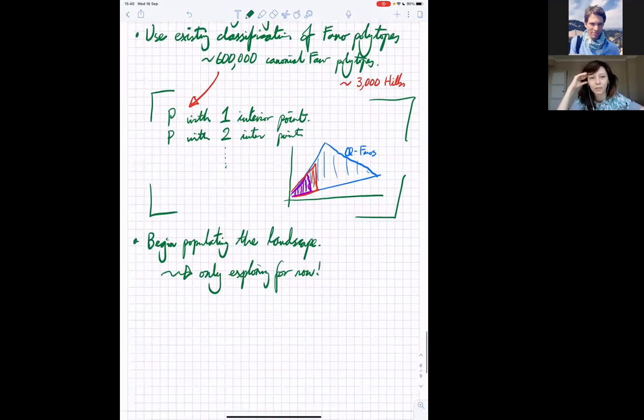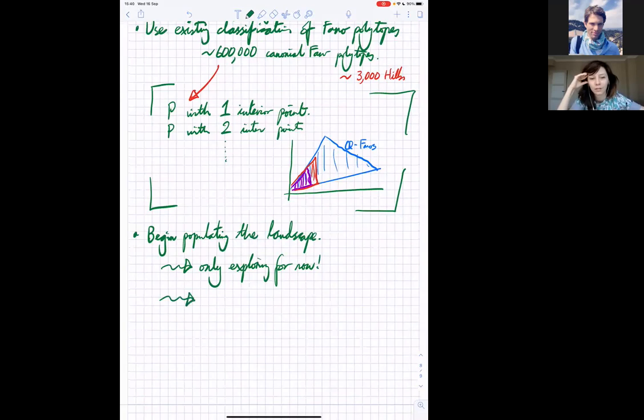But what have we done? Well, we've worked through about 90% of the canonical Fanos, and we've sampled those for maximally mutable Laurent polynomials.